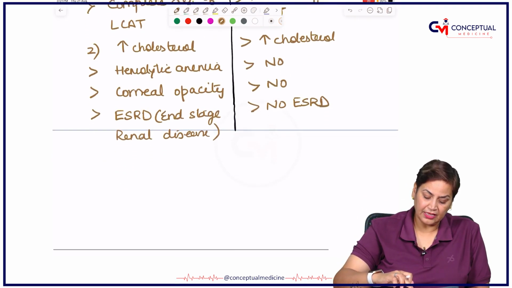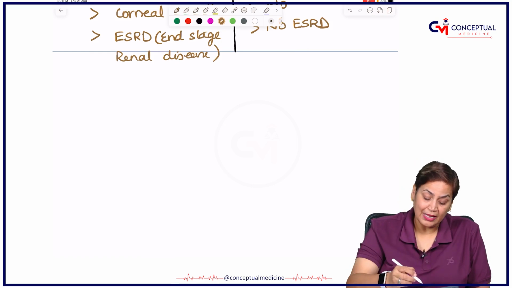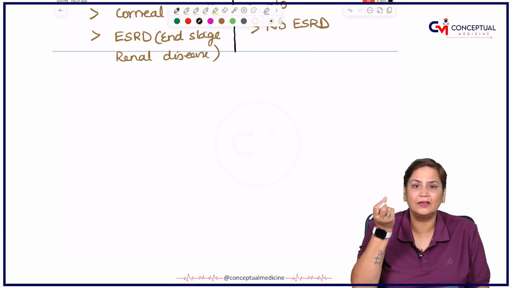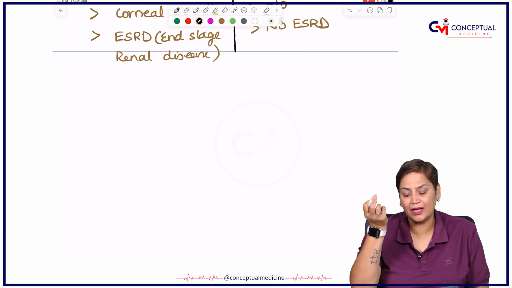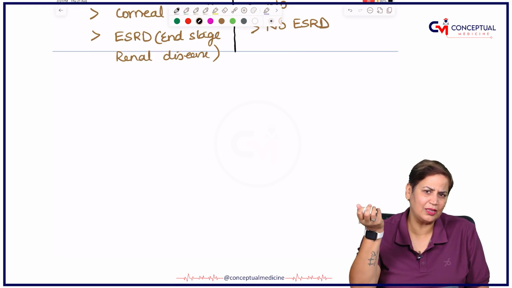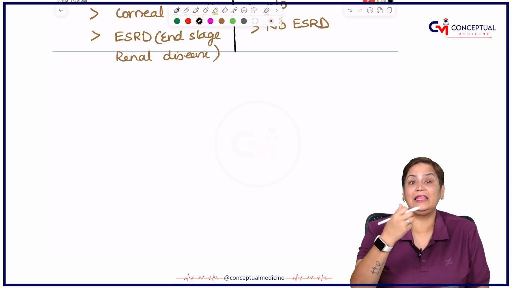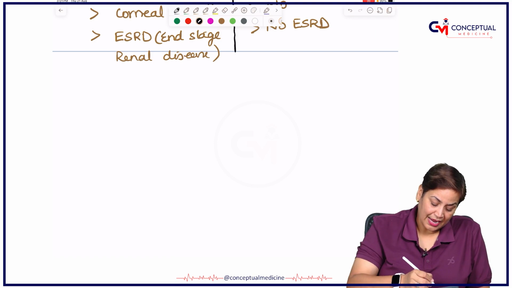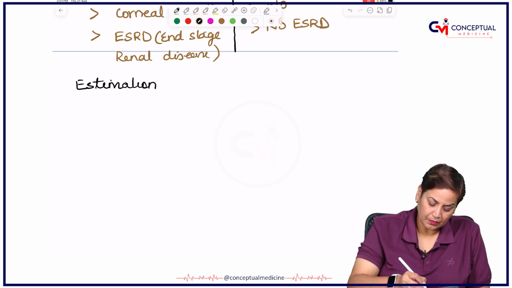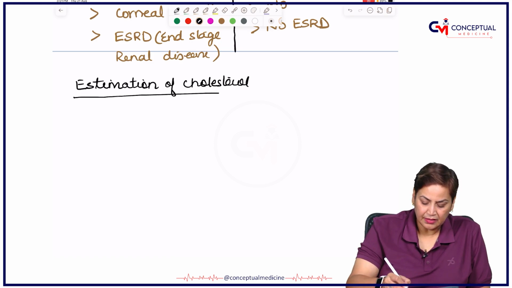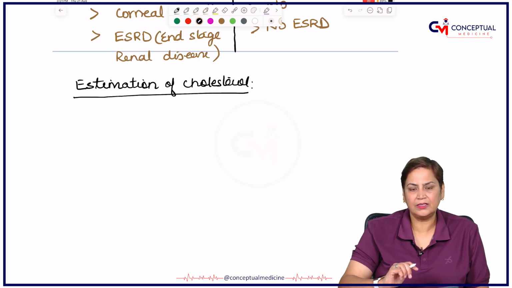Then after the transport of cholesterol, next is how we quantify cholesterol, because again it plays a very, very important role in the body. So estimation of cholesterol is equally important in the serum. The estimation of cholesterol is done by Friedewald's equation.